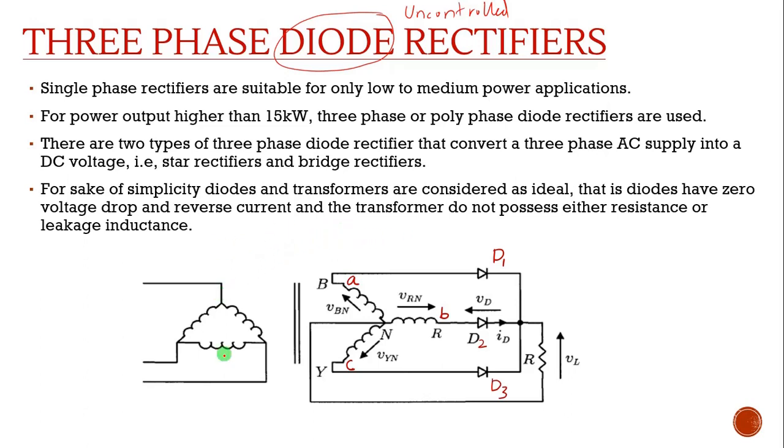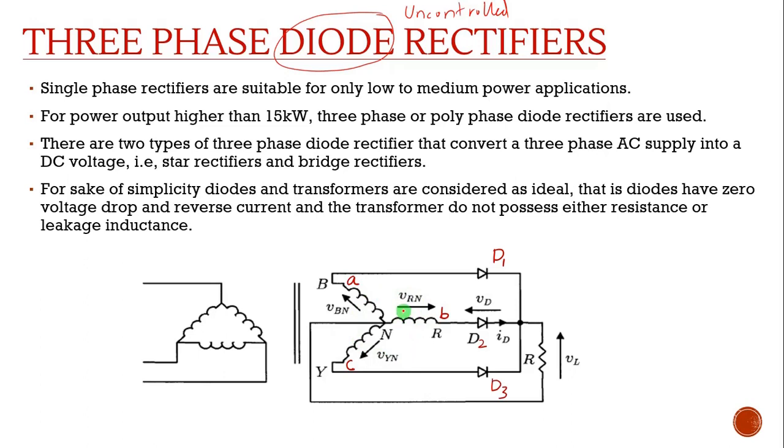So this is the circuit diagram of a 3-phase diode half bridge rectifier. You can see only one diode is used in each line, so it will be a half wave rectifier. In the primary side we have used a delta connection, and in the secondary side we are using a star or Y connection.